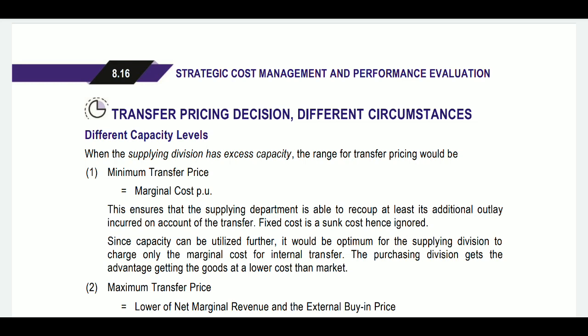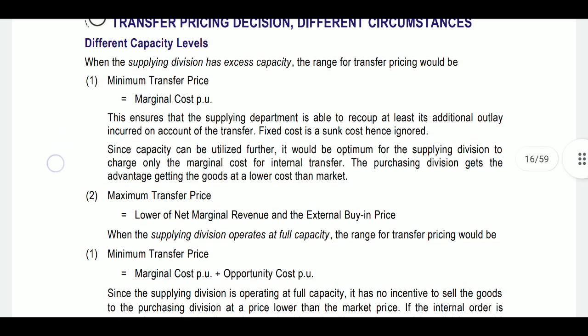Next, let's see the concept of different capacity levels. Where the supplying division has excess capacity, the minimum transfer price is equal to the marginal cost per unit. What is the maximum transfer price?